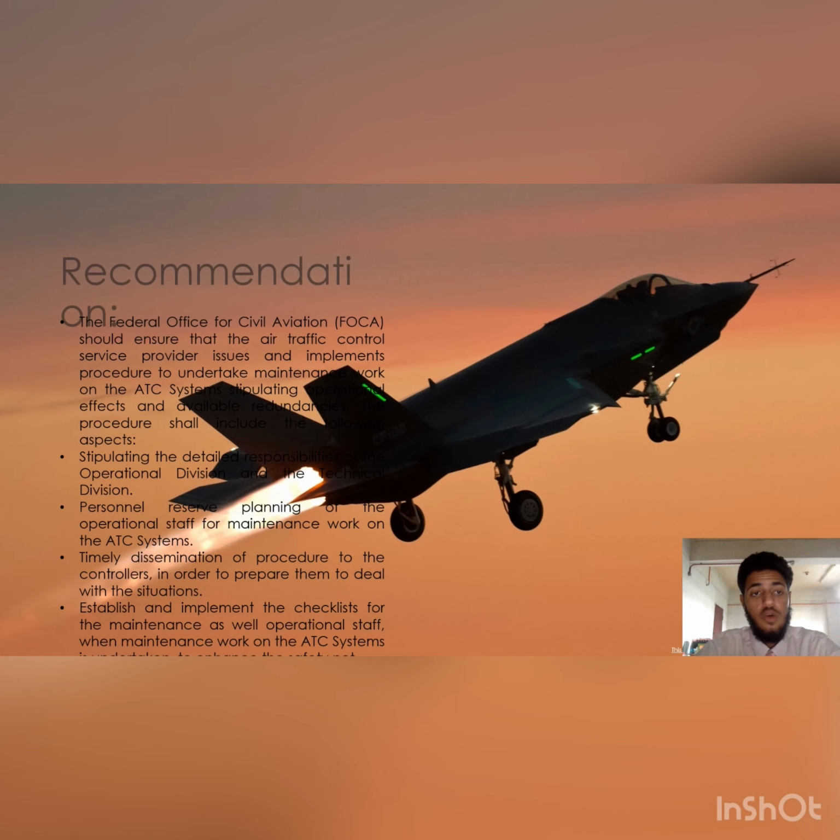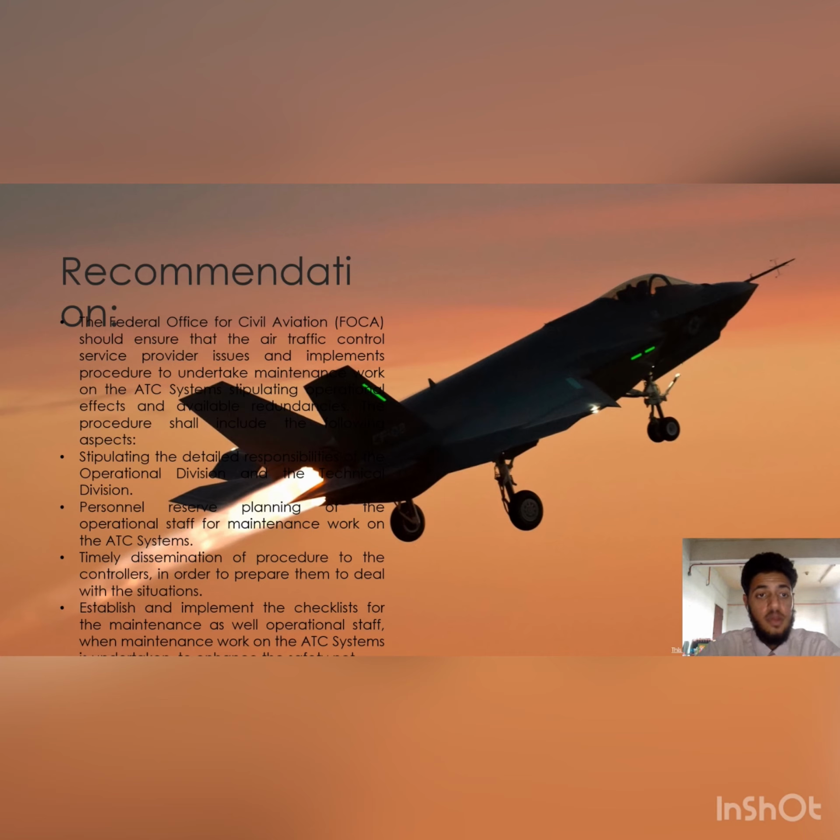The Federal Office of Civil Aviation (FOCA) should also ensure that the Air Traffic Control Service provider issues and implements procedures to undertake maintenance work on the ATS system, stipulating operational effects and available redundancies. The procedure shall include the following aspects. First, stipulating the detailed responsibilities of the operation division and the technical division.